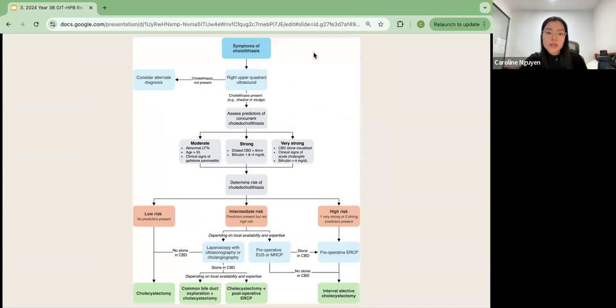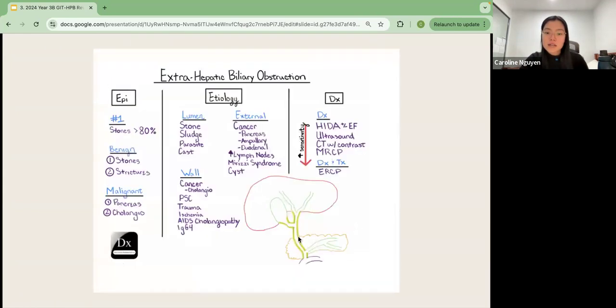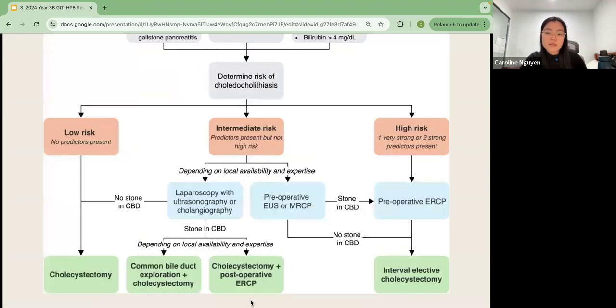So what do we do? We take out the gallstone, and we do an ERCP if it's in the common bile duct, because if it's stuck in here, that's choledocholithiasis, and taking this out isn't going to solve the problem. You do want to take it out to prevent further episodes, but you do need to take it out from here. That's what this is saying.